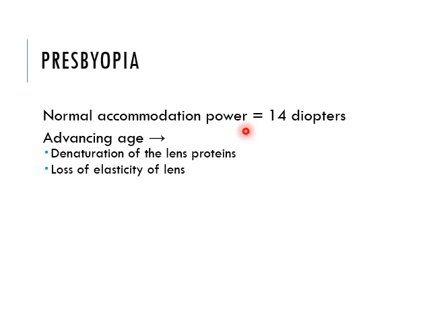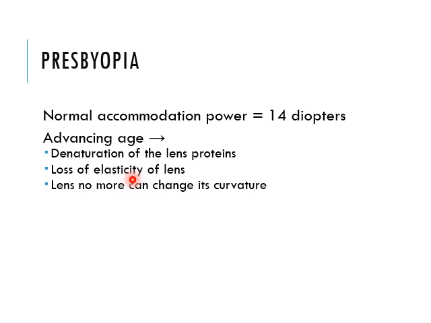Now, presbyopia. Normal accommodation power is 14 diopters, but with advancing age there is denaturation of the lens proteins. For example, the proteins form a coagulum, they become opaque instead of being fluid-like, and the lens becomes more stone-like in consistency and loses its elasticity.